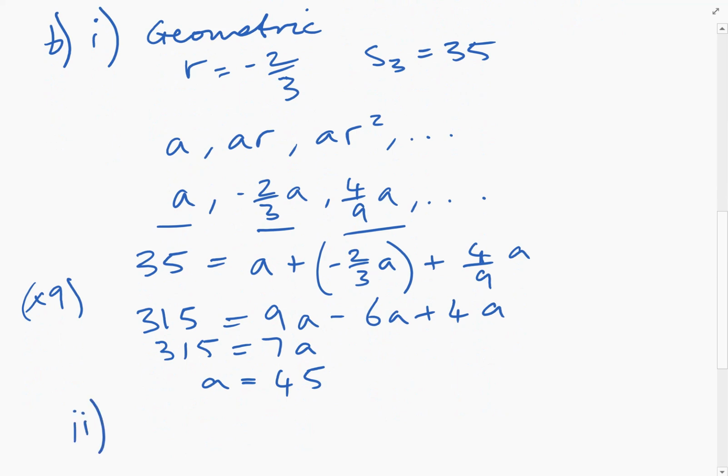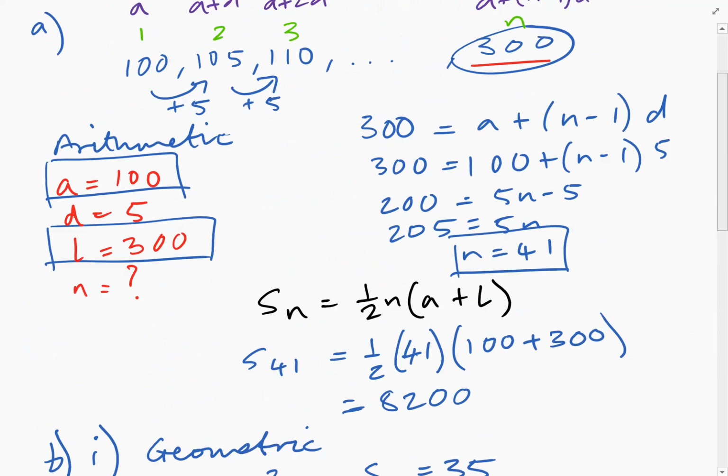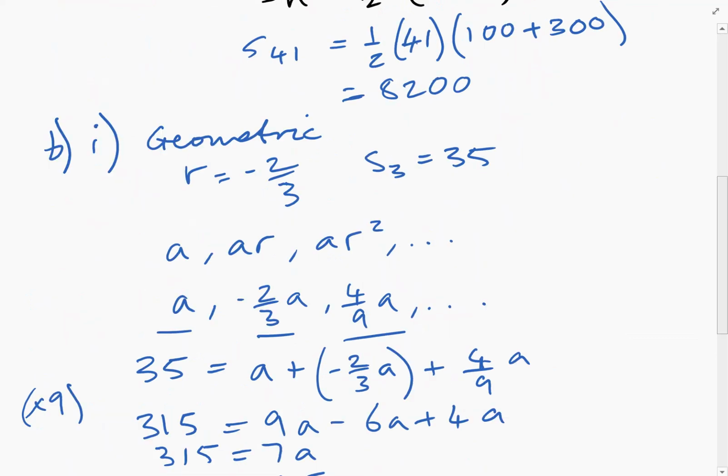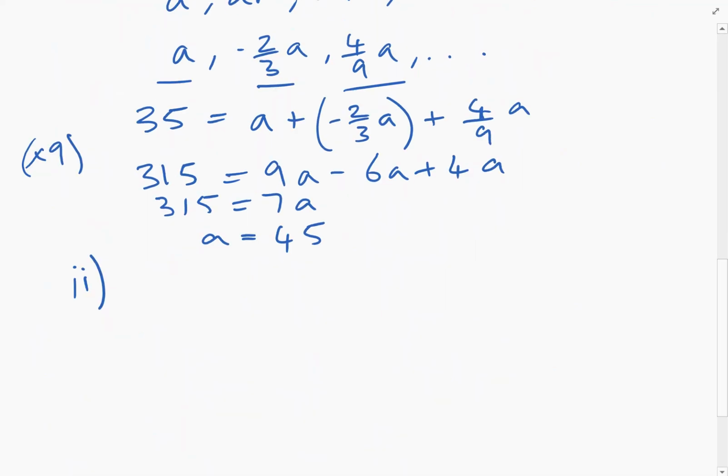B part 2, let's go back and see what the question's saying. Find the sum to infinity. So that should be fairly straightforward because we've worked out what a and r equal. So the sum to infinity is a over 1 minus r.